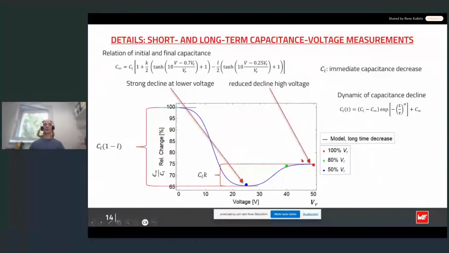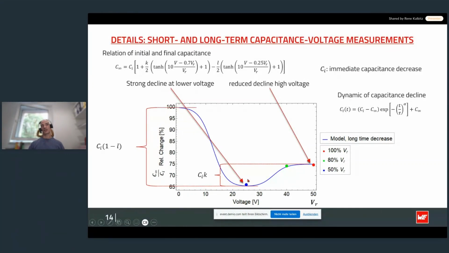But of course, no change at 0 volts because there is no field that could lead to polarization. And of course, there are also options to describe this behavior with a mathematical model. How could it be different? Which at this point I will only briefly mention for the sake of completeness, the equation given here, and any further discussions we may have after the talk, if you like.